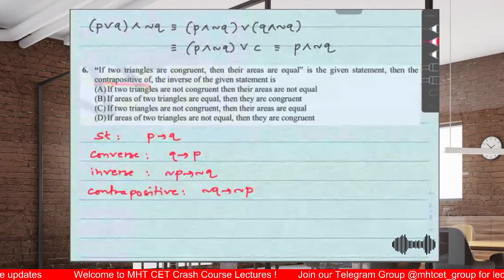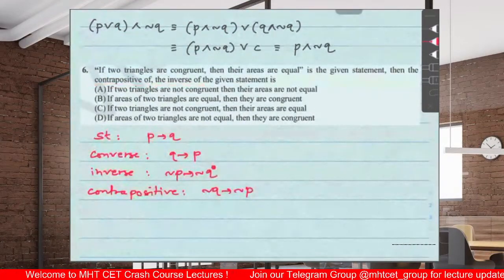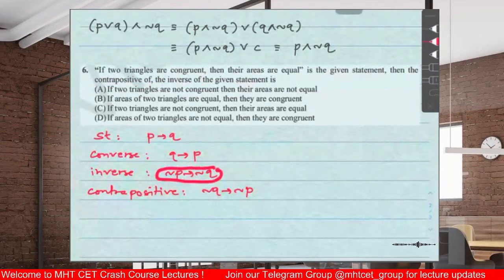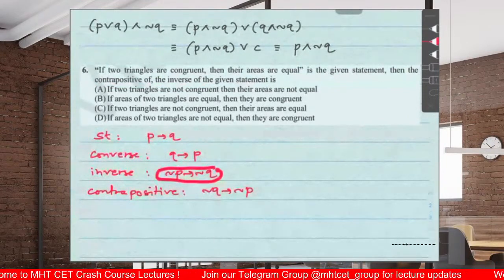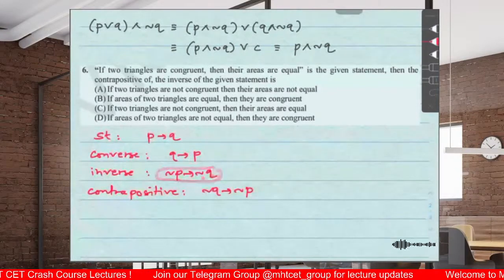ठीक है, यहाँ पर पहले क्या पूछा है? कॉन्ट्रापॉजिटिव ऑफ द इनवर्स। इनवर्स मतलब ये हो जाएगा पहले, और उसका कॉन्ट्रापॉजिटिव मतलब Q implies P, राइट?